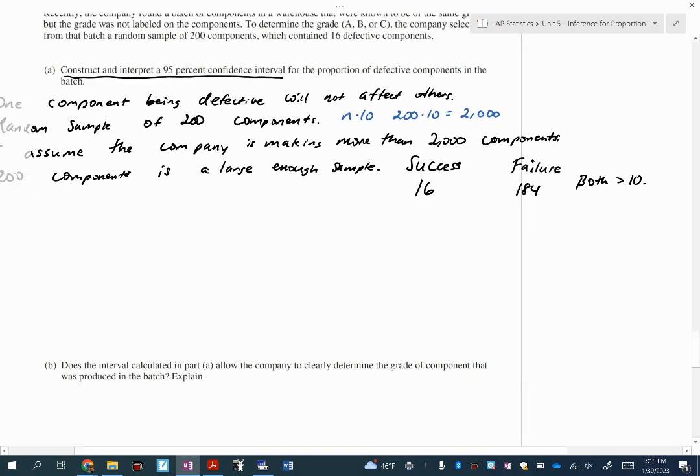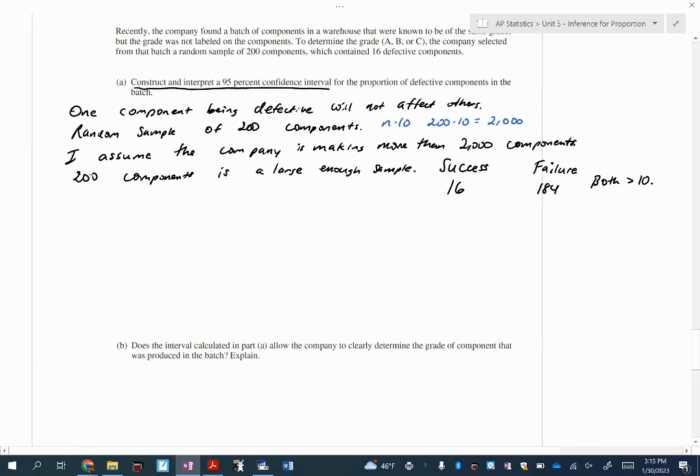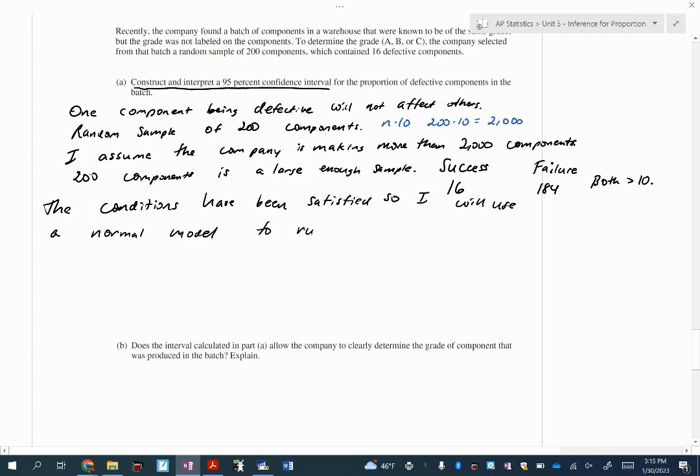All right, now for our last statement. The conditions have been satisfied. So I will use a normal model to run a one proportion.